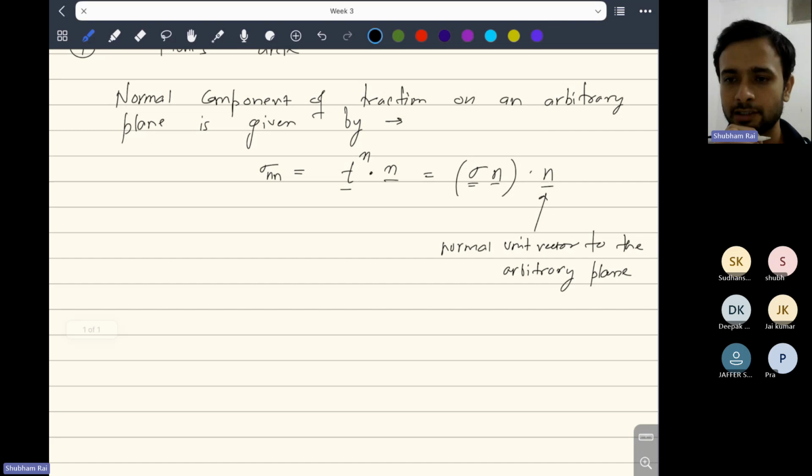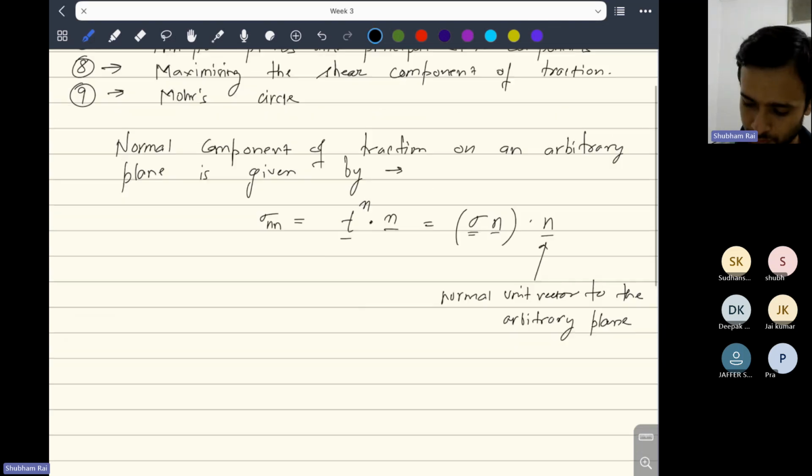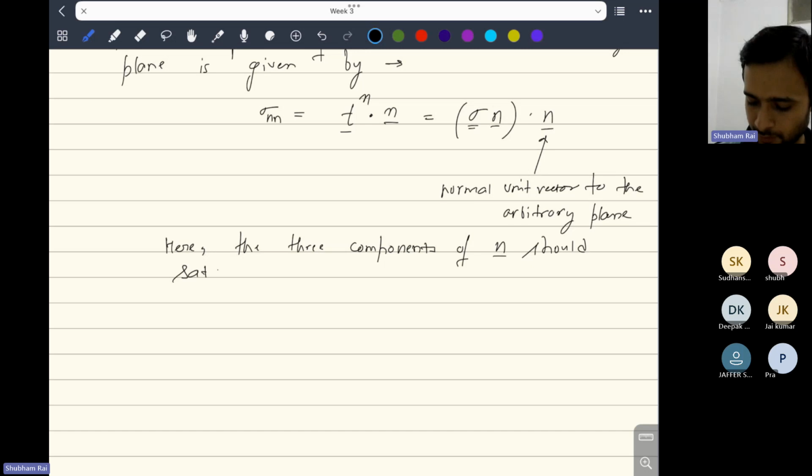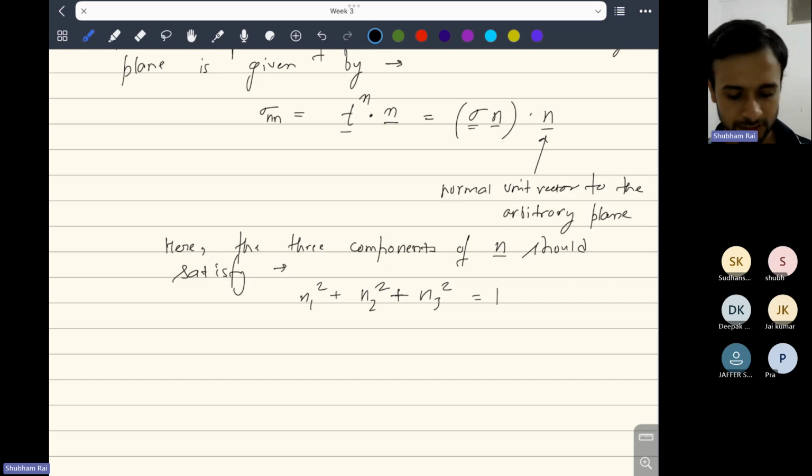Also, since it is a unit vector, the summation of the squares of its components should be 1. So the 3 components of n should satisfy n1 square plus n2 square plus n3 square equals 1. So its magnitude should be 1, and this should also be satisfied.